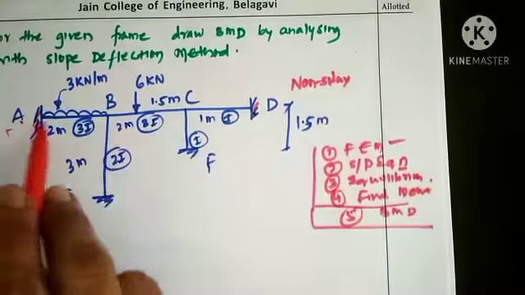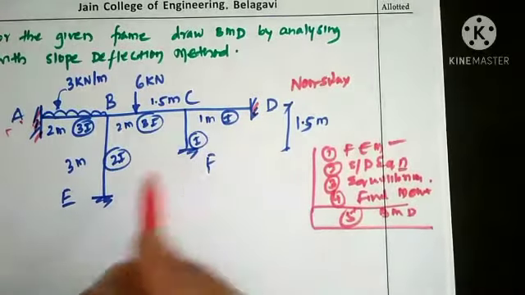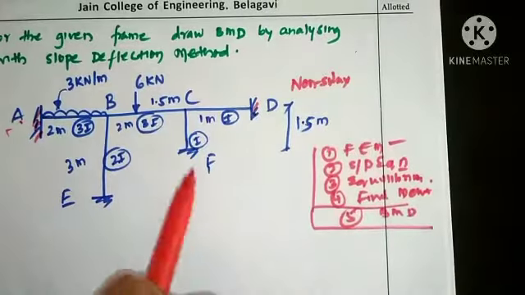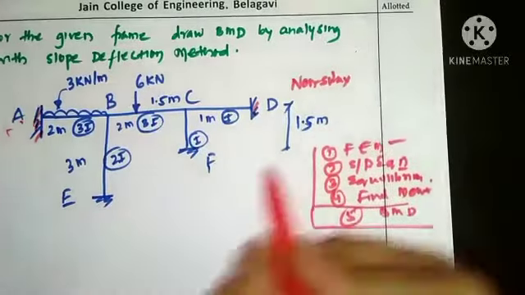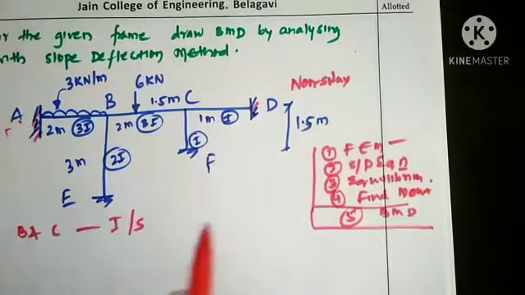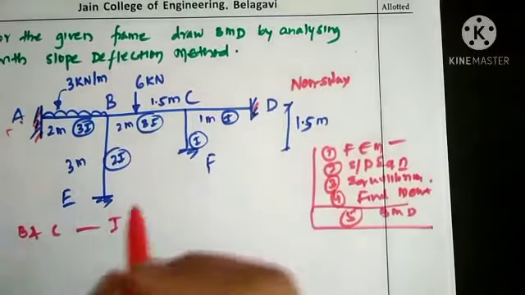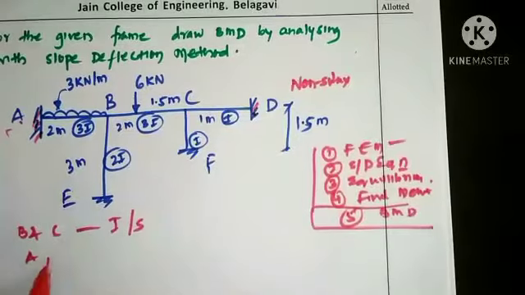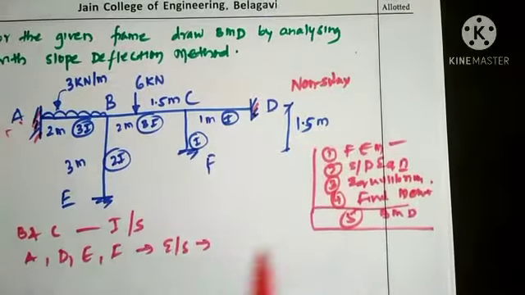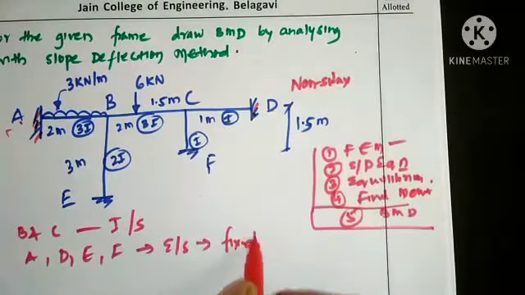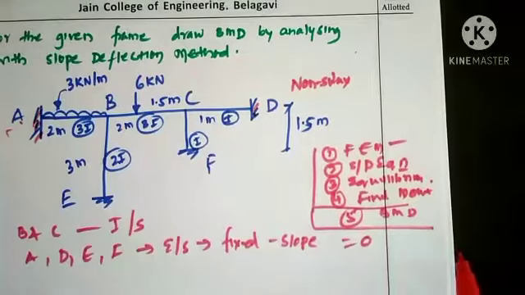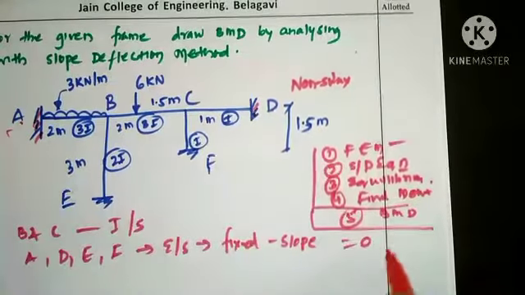Now, supports are provided at A, B, C, D, E and F. Amongst these total 6 supports, B and C will be classified as intermediate supports, whereas A, D, E and F are all end supports, and the type of end support is a fixed support, so the slope at these supports will be 0. That is, theta A, theta E, theta F and theta D will be 0.